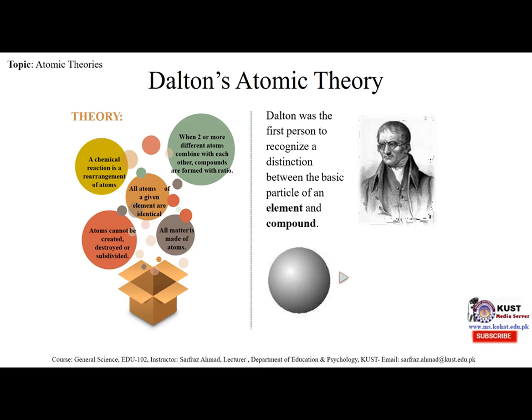Proust had studied tin oxides and found that their masses were either 88.1% tin and 11.9% oxygen, or 78.7% tin and 21.3% oxygen. So these were tin monoxide and tin dioxide respectively.